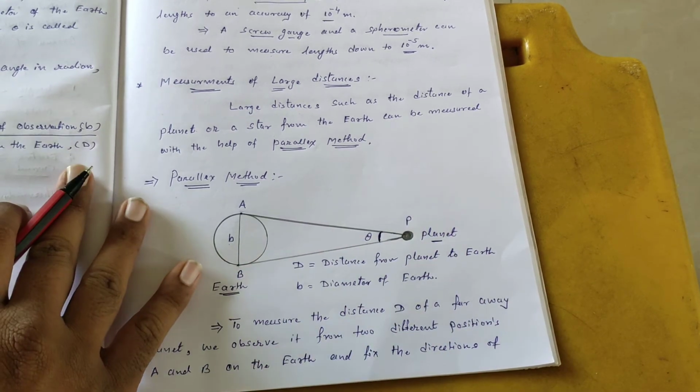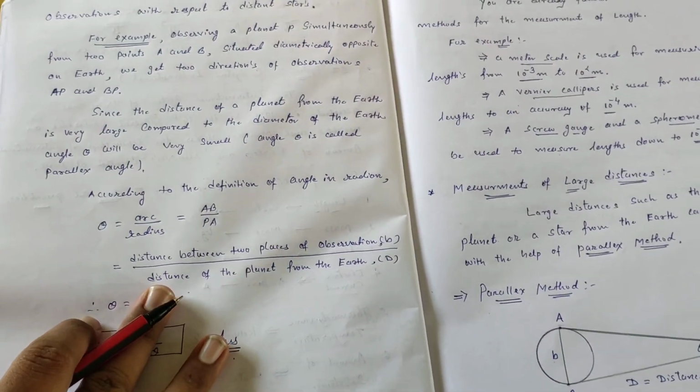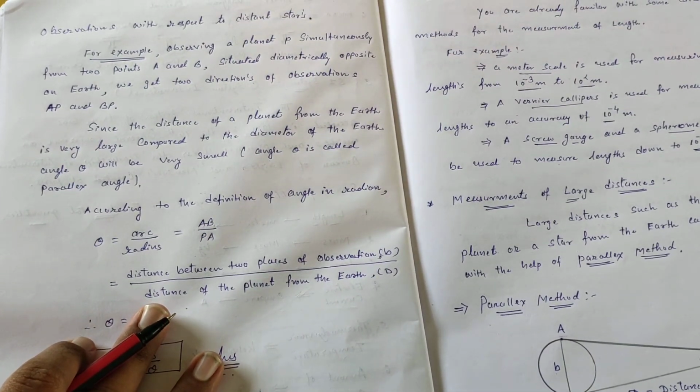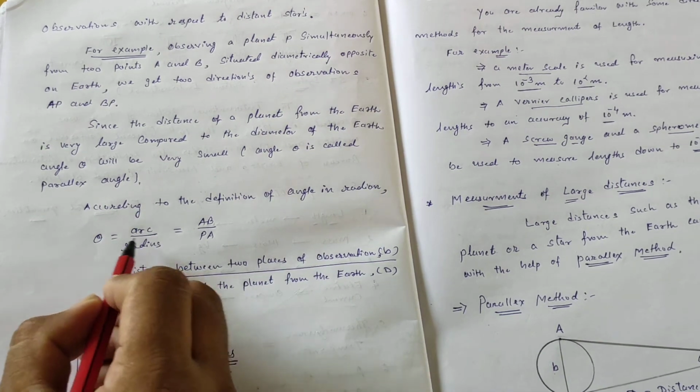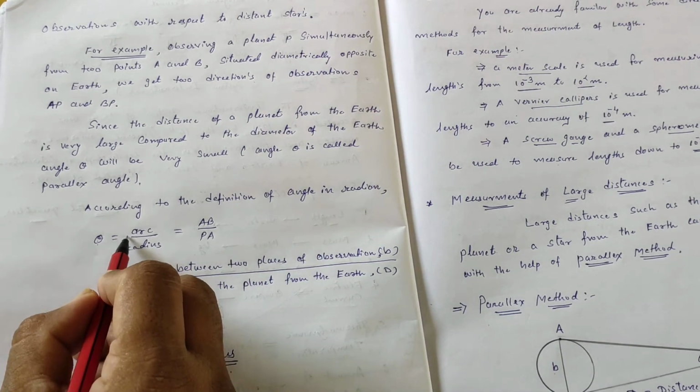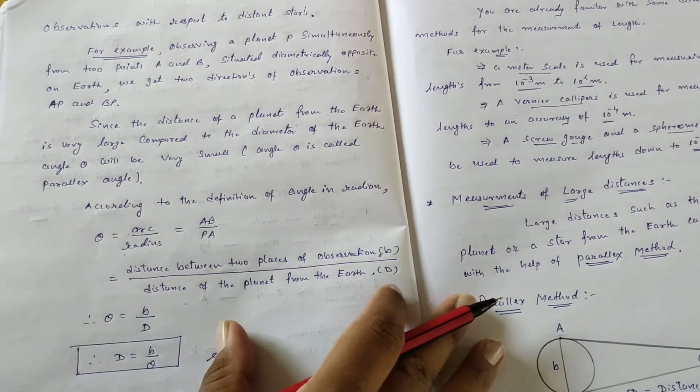Now put the values over here. Theta equals arc upon radius. What do we mean by arc?